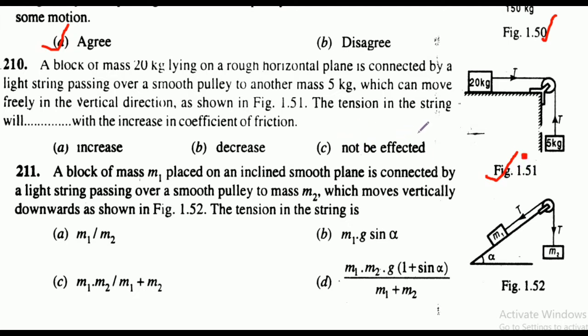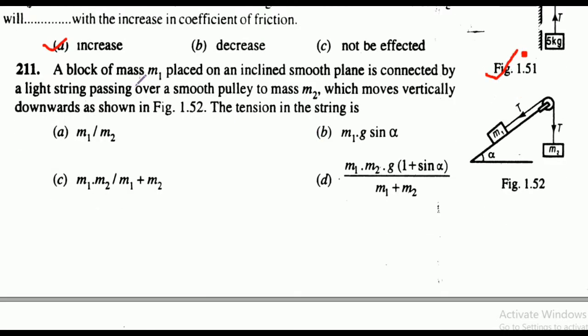The tension in the string will dash with the increase in coefficient of friction. Options are increase, decrease, and option C is not be affected. Here friends, the correct answer is option A, increase. The tension in the string will increase with the increase in coefficient of friction.